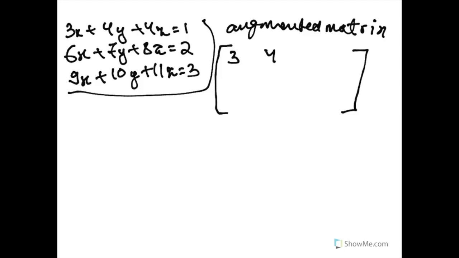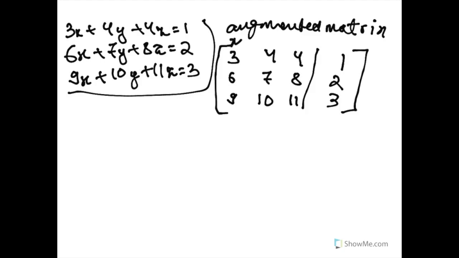So here it'd be 3, 4, 4, 1, 6, 7, 8, 2, 9, 10, 11, 3. I like to draw this line to separate the right-hand side from the left-hand side, but you don't really need to do it. So each column represents a variable. Here this would be x, y, and z, and this is the right-hand side.